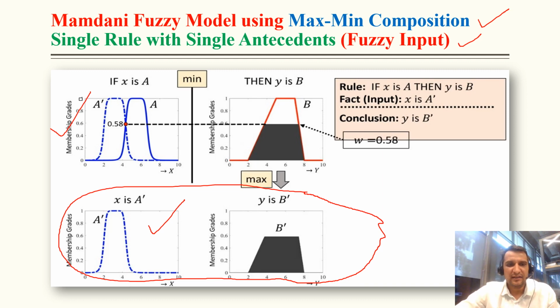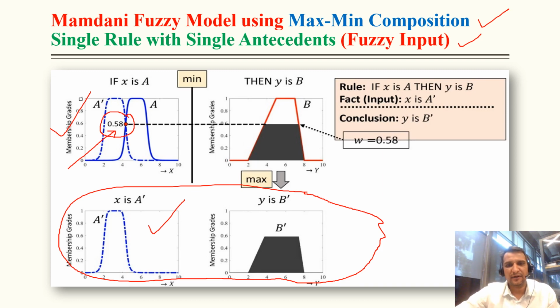When this intersects at this particular point, the location is 0.58. This 0.58 is known as the degree of compatibility, right?